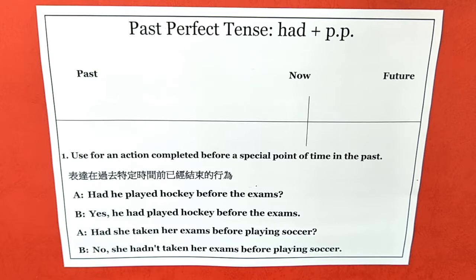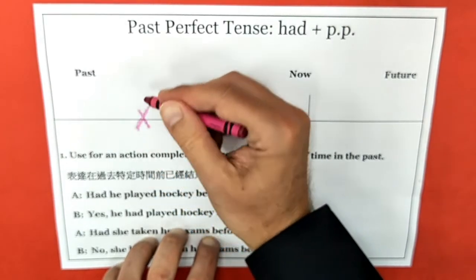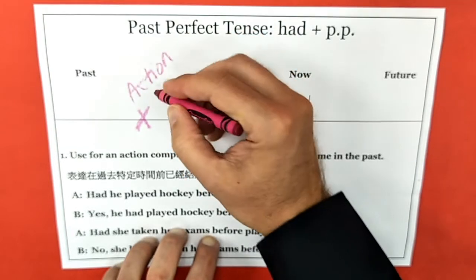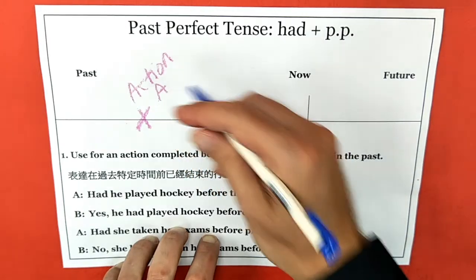A, had he played hockey before the exams? B, yes, he had played hockey before the exams. All right, well, let's draw that. First we have here action A. And that action A was playing hockey.